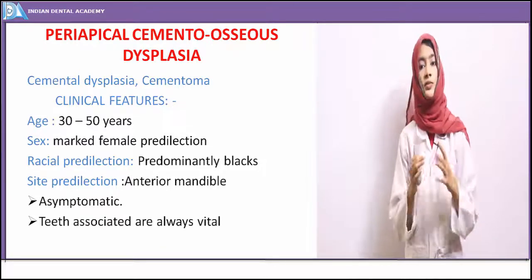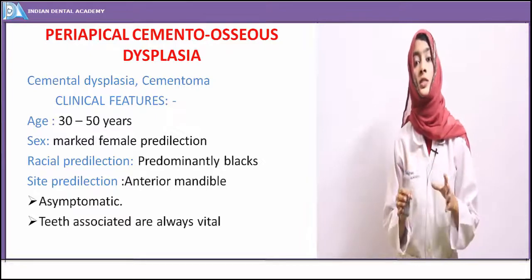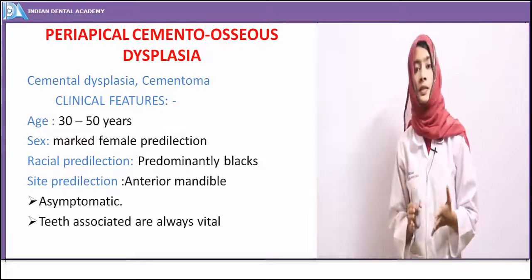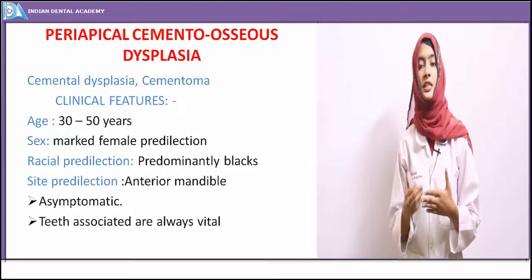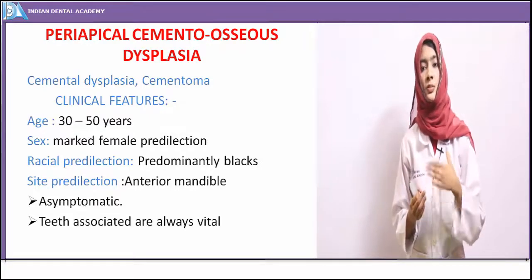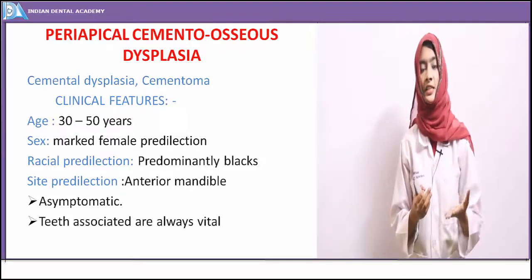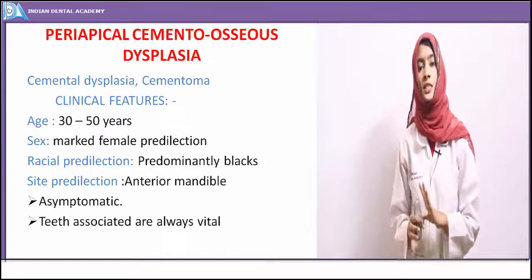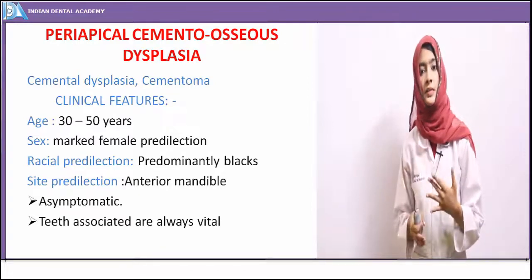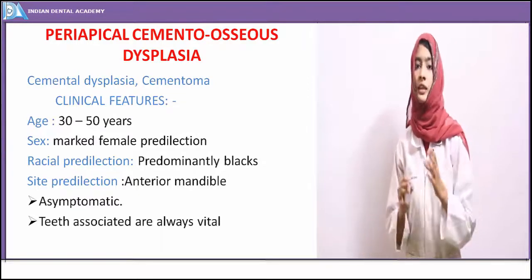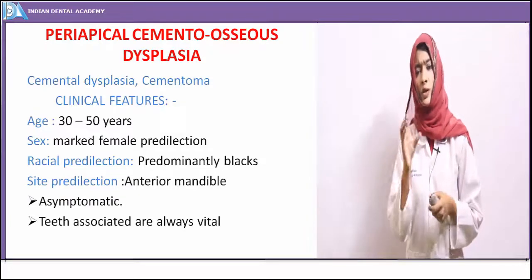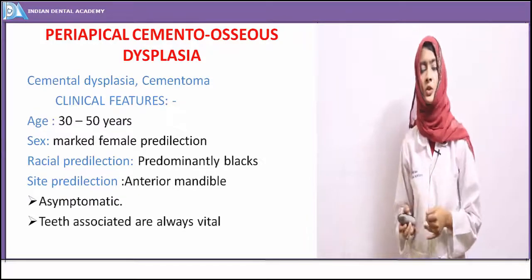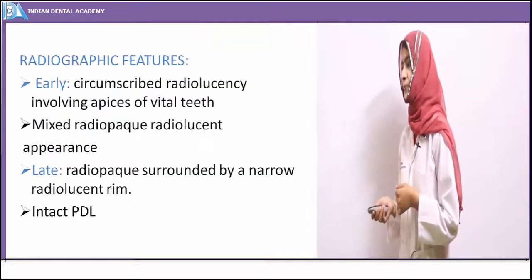Almost always these lesions are discovered incidentally on radiographic examination, because the associated teeth are vital. So there are no clinical symptoms. The patient will be asymptomatic, and the lesions are well circumscribed, very small in diameter, confined to the periapical regions.